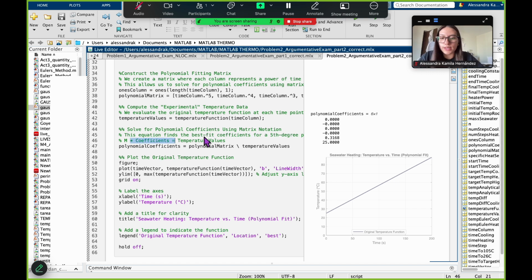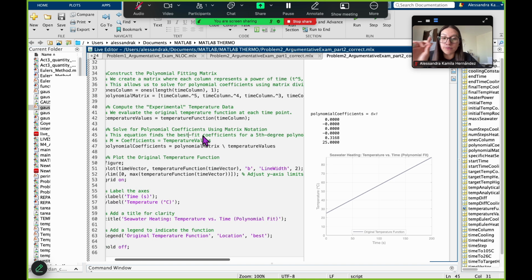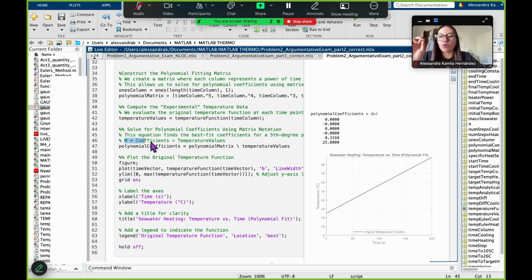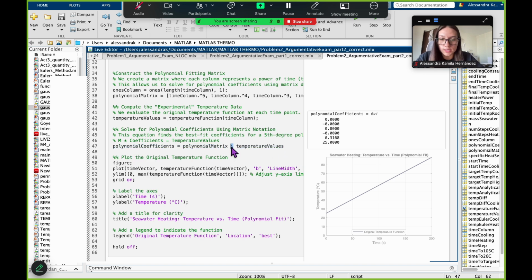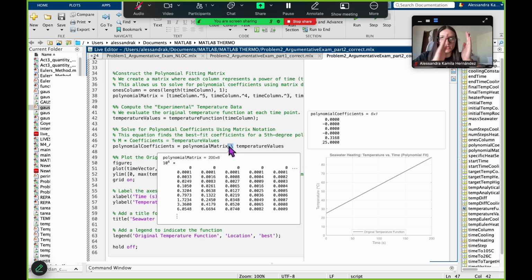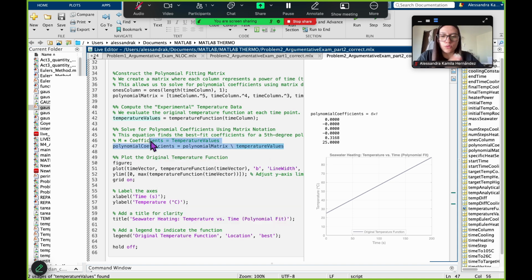This equation finds the best fit coefficients for 5th degree polynomials. So I multiply M, the matrix, times the coefficients. And at the end, I need to use the backslash operator, because I cannot divide matrices as if they were numbers. So I need to use that one to do this.